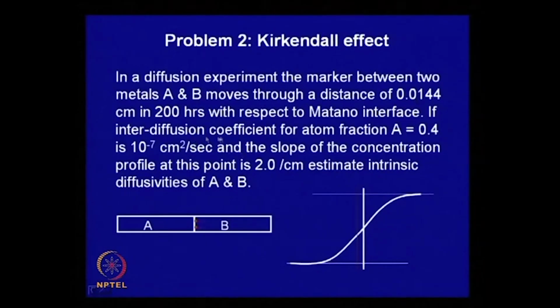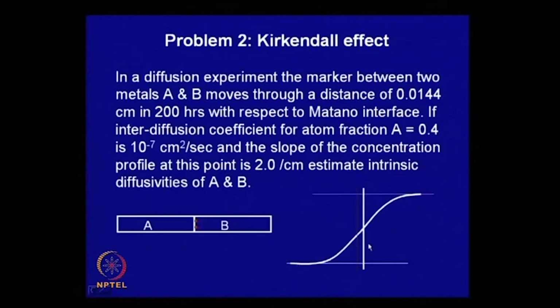Now, the interdiffusion coefficient for atom fraction A equal to 0.4, that is, at a particular point, say this is the concentration line, atom fraction 0.4 somewhere here, let us say.